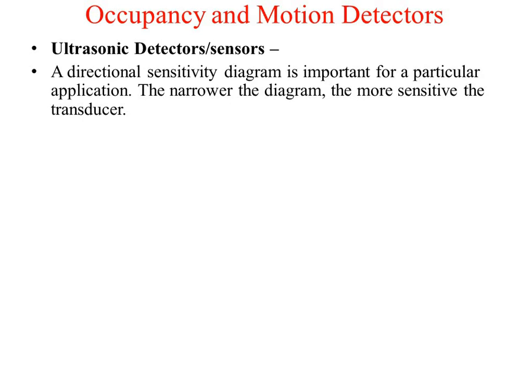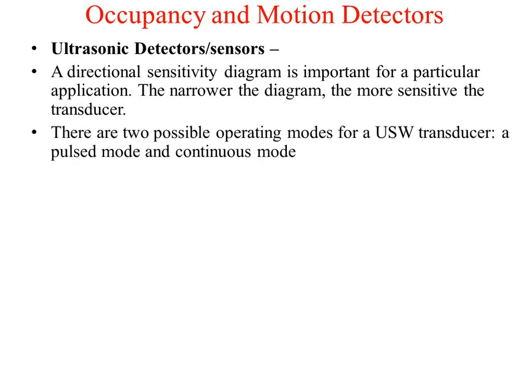So the narrower the lobe is, the more sensitive the transducer is. There are two possible modes of operating the ultrasonic transducer. It is used in pulse mode as well as in continuous mode.